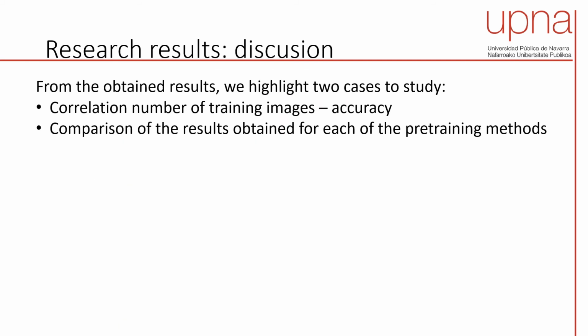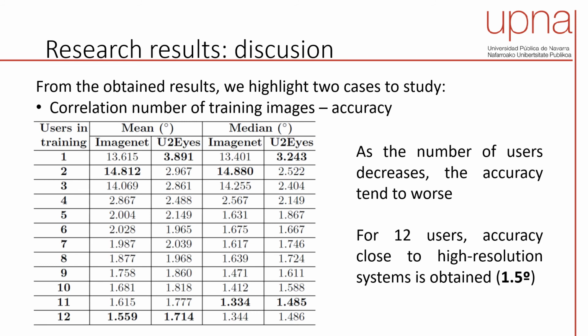From the obtained results, we highlight two cases to study: the correlation between the number of training images and the precision of the estimation, and the comparison of the results obtained for each of the pre-training methods. If we observe the results obtained from the ImageNet table, we see that the regression results for any of the pre-training strategies tend to worsen as the number of training images decreases.